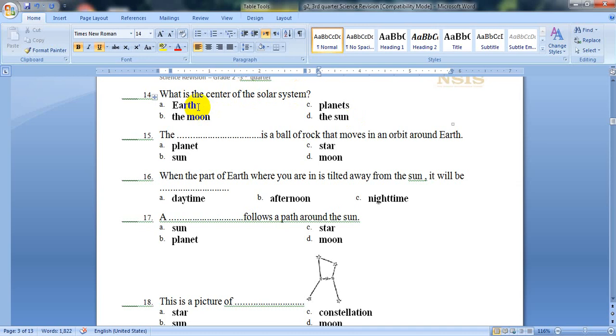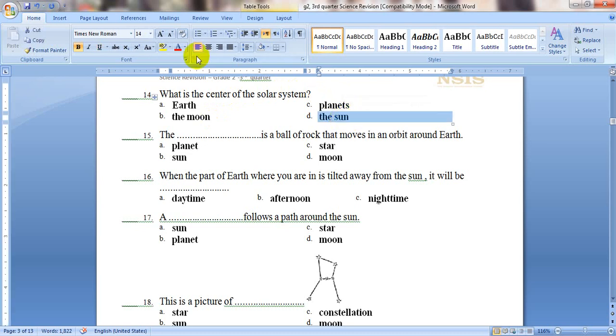It's the 3rd planet. The moon is not also the center, because the moon is just a ball of rock which is moving around Earth. Planets are not the center, because we have 8 planets, but the sun is the center of the solar system. They are all moving or revolving around it.